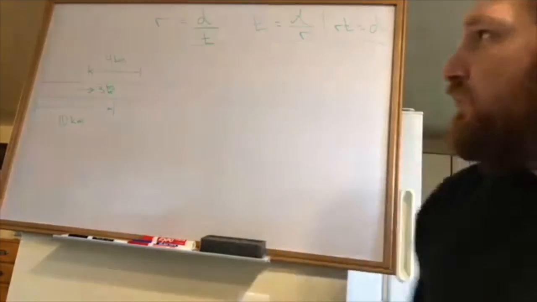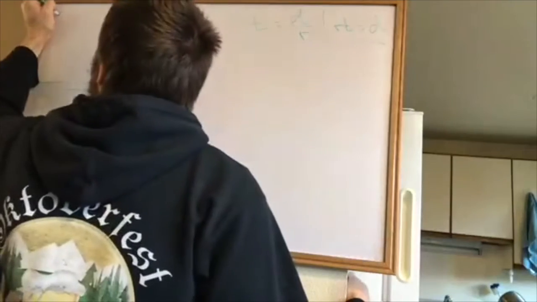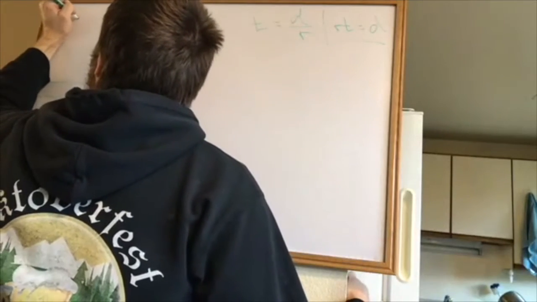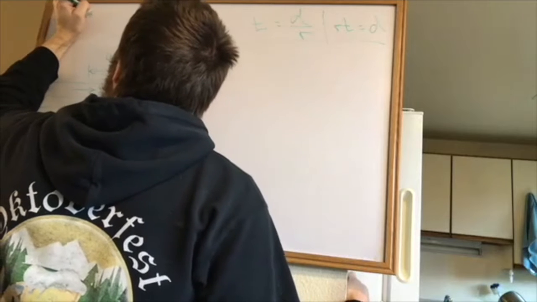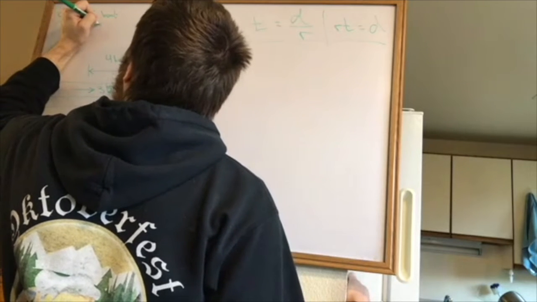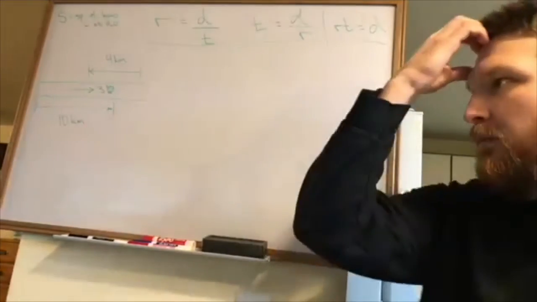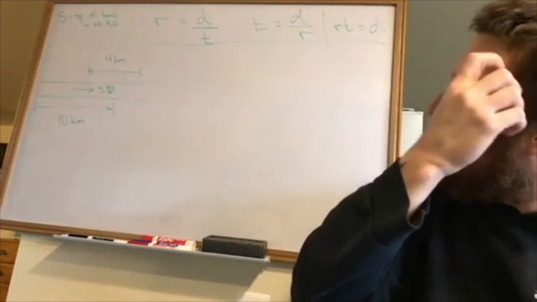So what I'm going to do is write a variable down. I'm going to say S is the speed of the boat in still water.